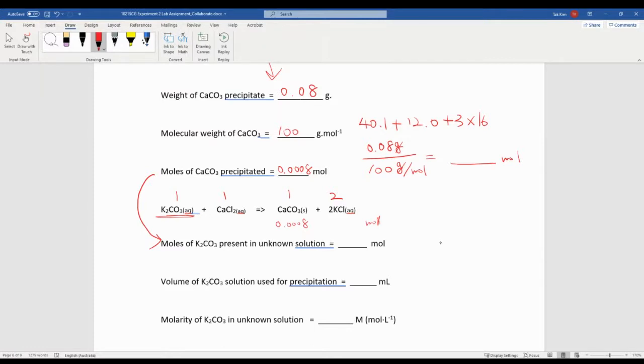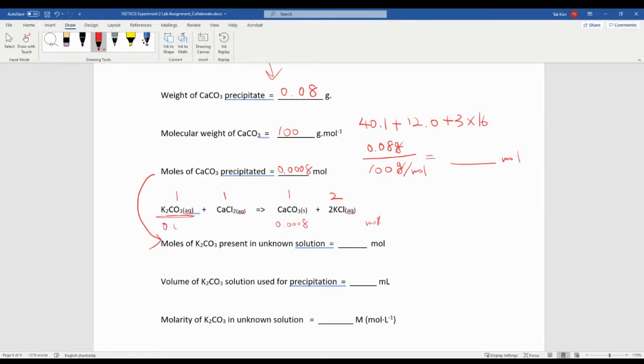Since we have the number of moles of our product, the number of moles of each one should correlate well with the numbers over here, the stoichiometric ratio. Because of that, the number of moles of your potassium carbonate should be exactly the same as this one.